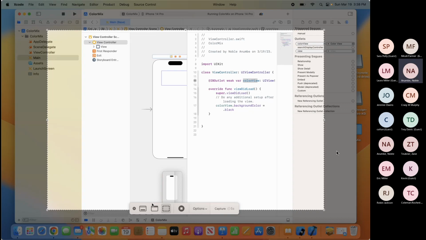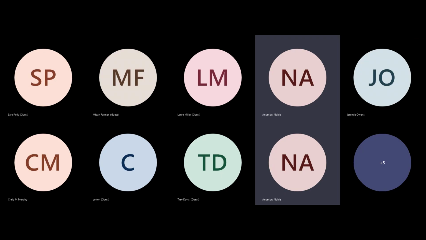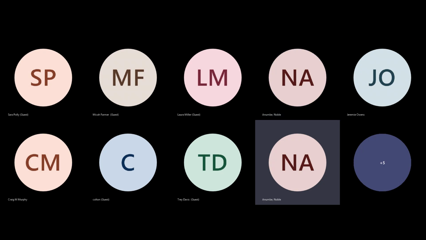When I talk about the switch now, I'm talking about the graphical user interface, the UI component. And then after that, we're going to be able to create the IB outlet for it. So just a minute, let me get that to show the process.